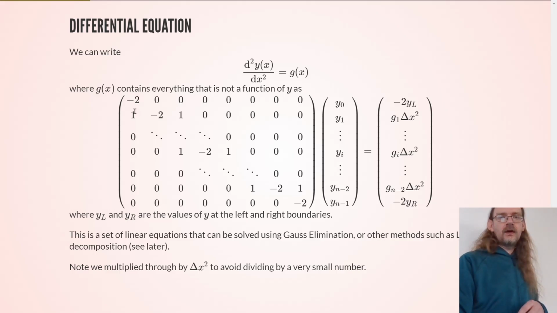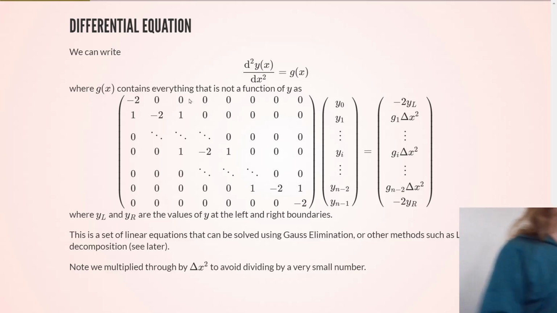I've got my left-hand side, again, ignoring the top and bottom rows. The top and bottom rows are different, and we're going to use this to build in our boundary condition. But all of these middle rows, each row, when you multiply it out, is just approximately the second derivative at that point along the x-axis.